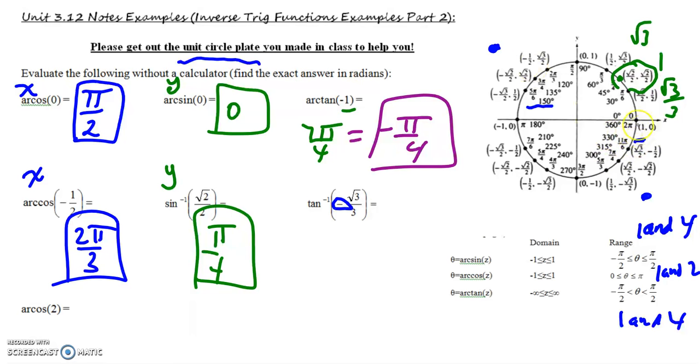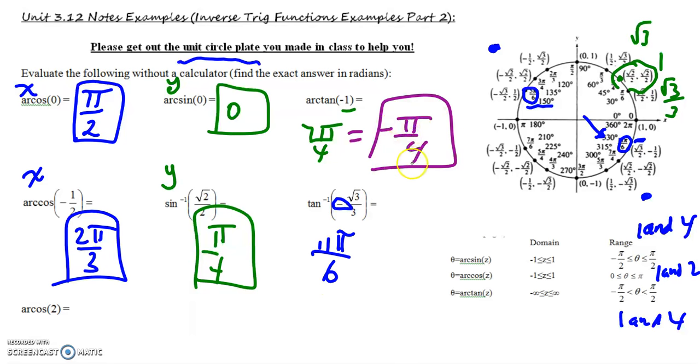So between these two possibilities, again, what you're saying is the ratio is negative root 3 over 3. Which angles does this exist? Well, 5 pi over 6 and 11 pi over 6. Which one of these is in the restrictions of arctangent? In quadrants 1 and 4, it seems like this angle is the one that's going to do. So I'm going to write down 11 pi over 6.